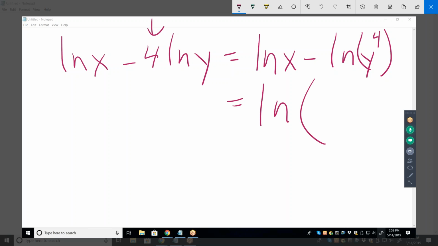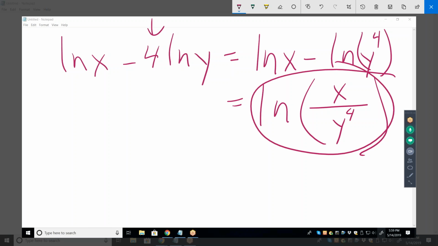Natural log and then in parentheses x divided by y to the 4th power. It's not y over 4. And that's your compressed answer. There's nothing I could do with that. That's as good as you can get. There's not even another way I could write it.